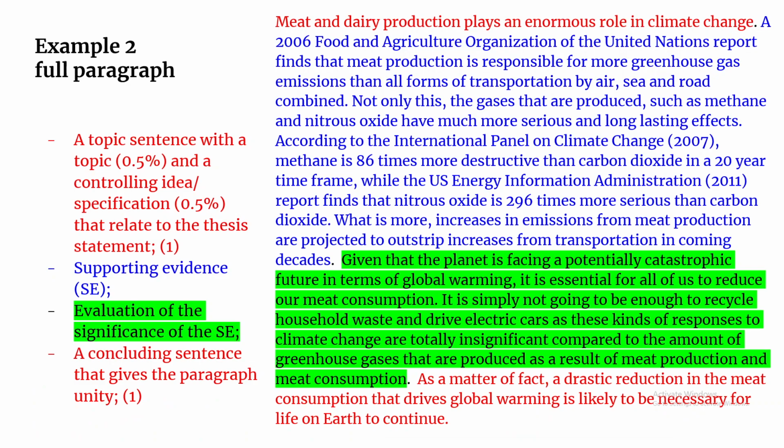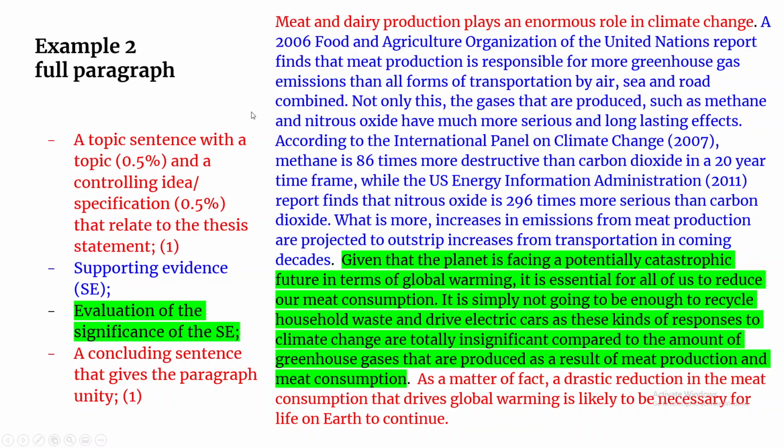So let's move on and look at another example paragraph, this time a completed paragraph. This time you can stop the video and think about which part of the unity sentence, the final sentence, or which two parts of that sentence give unity to that sentence.